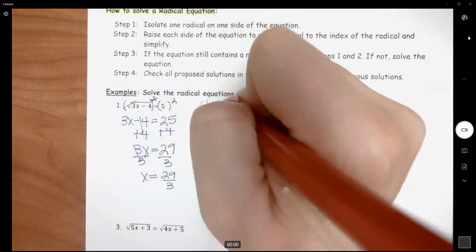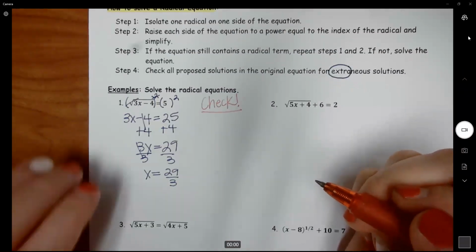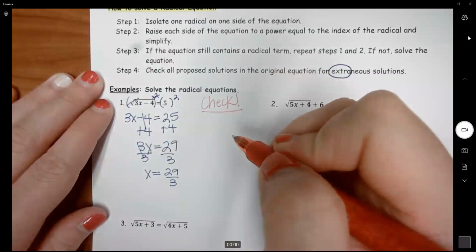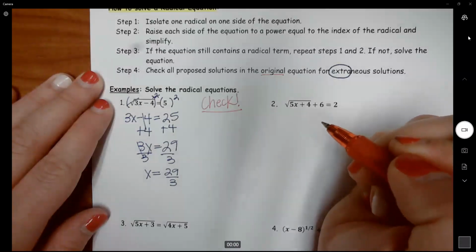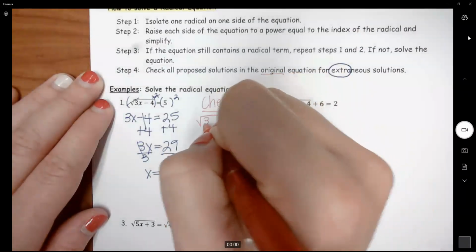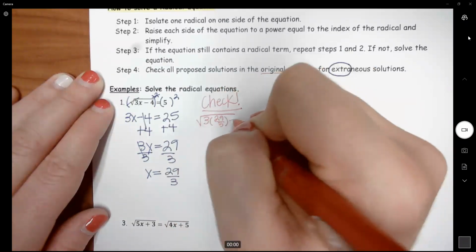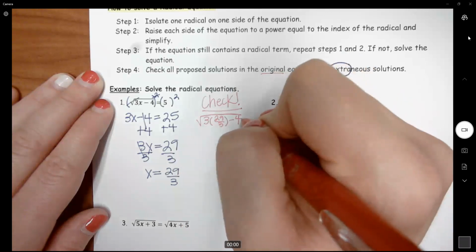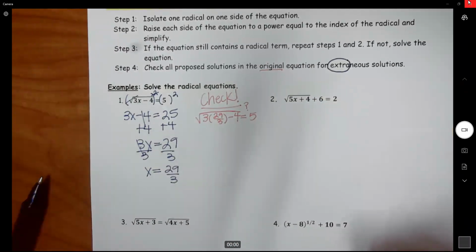When you check, you're simply plugging this into the original equation. So I'm going to have the square root of 3 times 29 over 3 minus 4. And I want to know, does that equal 5?